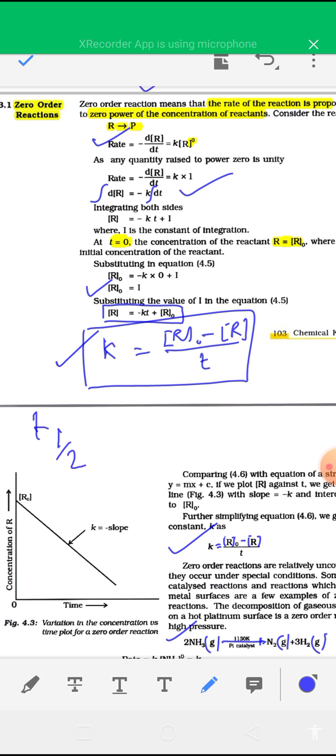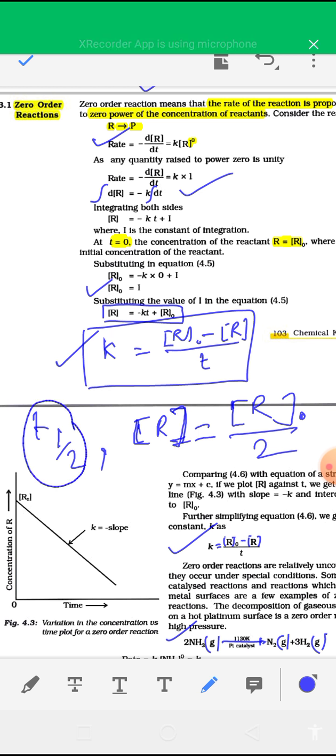At half-life time t half, the concentration of reactant R becomes R naught by 2, where R naught is the initial concentration of reactant and R is the concentration of reactant after time t.